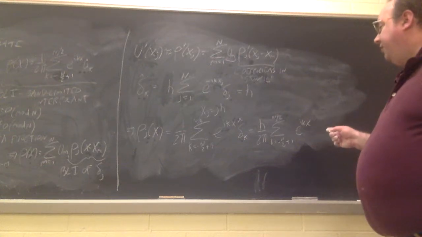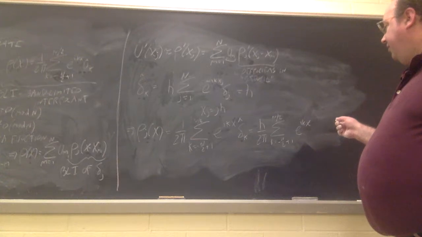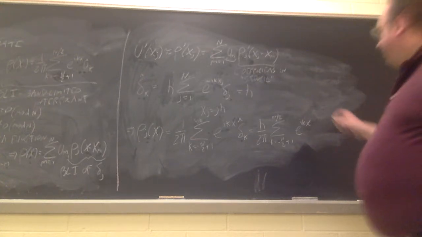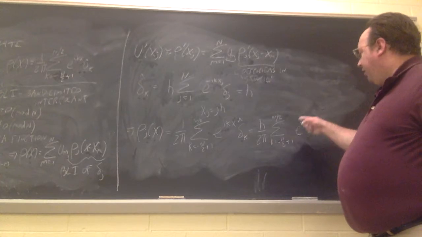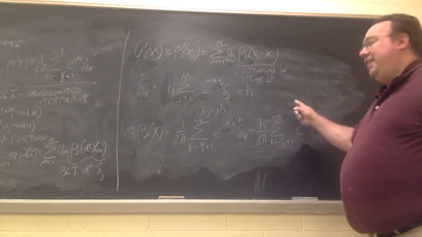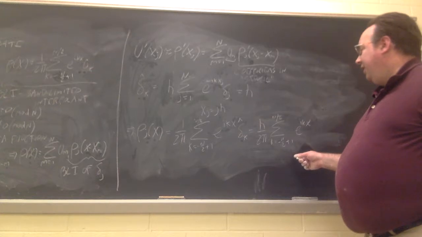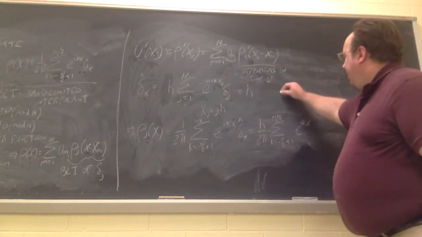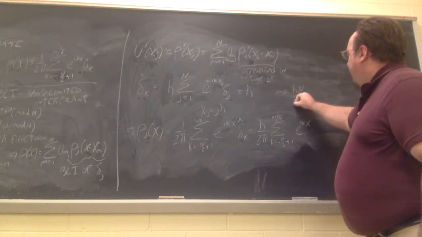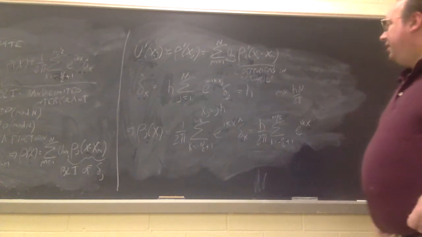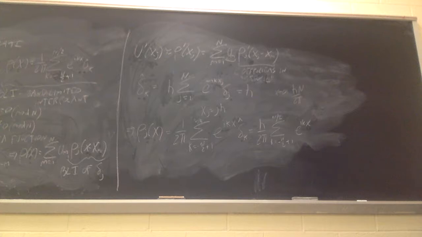So this is a function that is equal to 1 when x is 0, because if I plug in x equals 0 here, I'm going to have all my terms be equal to 1. I have n terms, so I'm going to have hn over 2 pi. But h is equal to 2 pi over n.